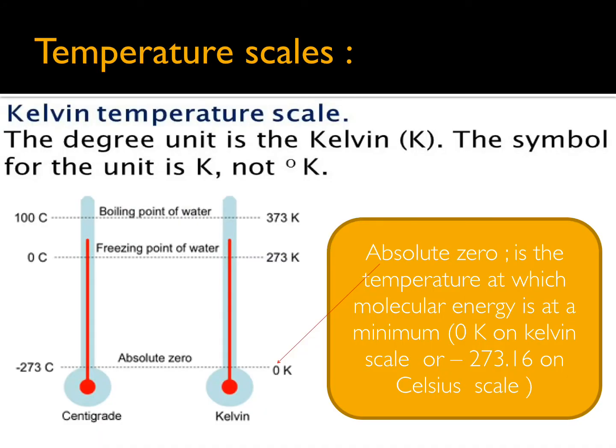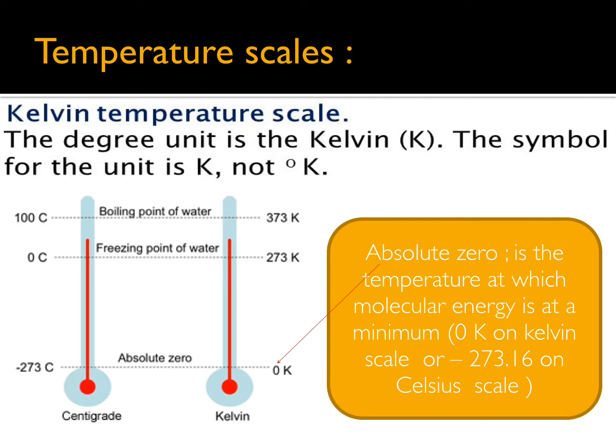If you ever watch the weather report or the weather channel, you will hear the temperature given either in degrees Fahrenheit or degrees Celsius. Now F represents Fahrenheit and C represents Celsius.